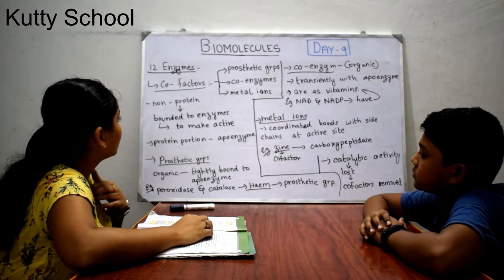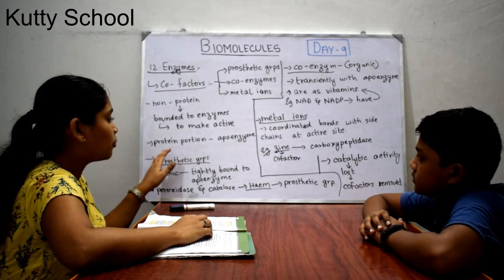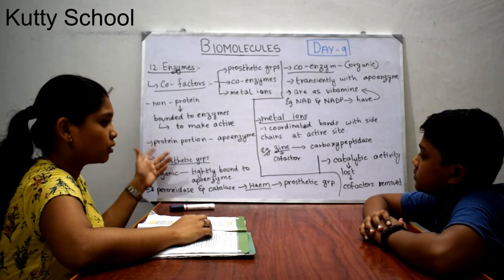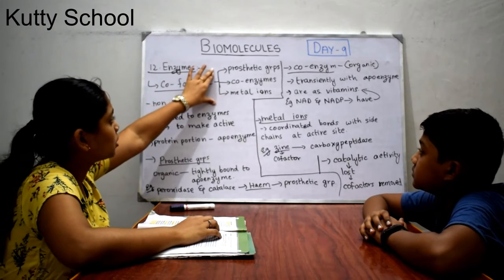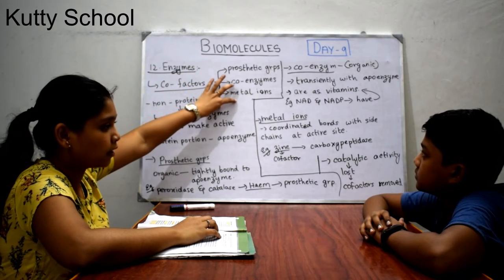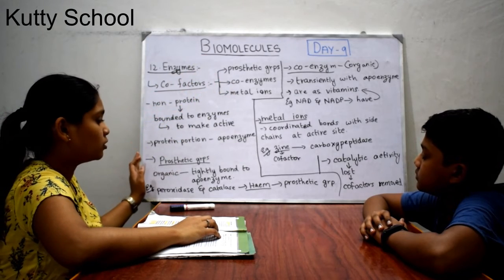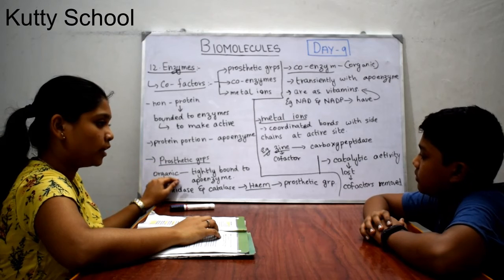Okay. So the protein portion here is known as the apoenzyme, to which the cofactor is attached. These cofactors are of three kinds: prosthetic groups, coenzymes, and metal ions. Okay. So first we are going to discuss prosthetic groups. Prosthetic groups are organic compounds.